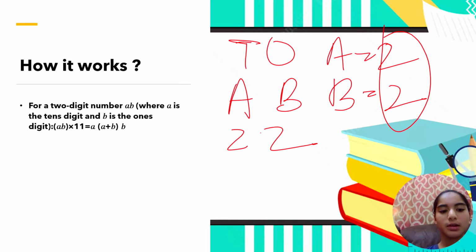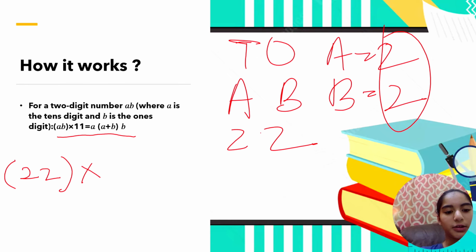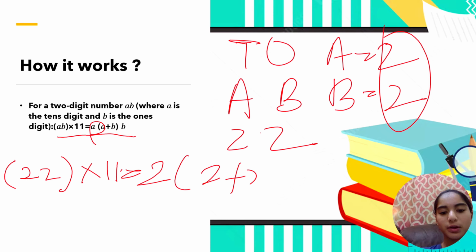22. And let's see this formula. What does it mean? AB together, let's say it's 22. 22 times 11 is equal to, now A is 2, then in the bracket 2 plus 2, because we're adding A plus B, then B is 2.